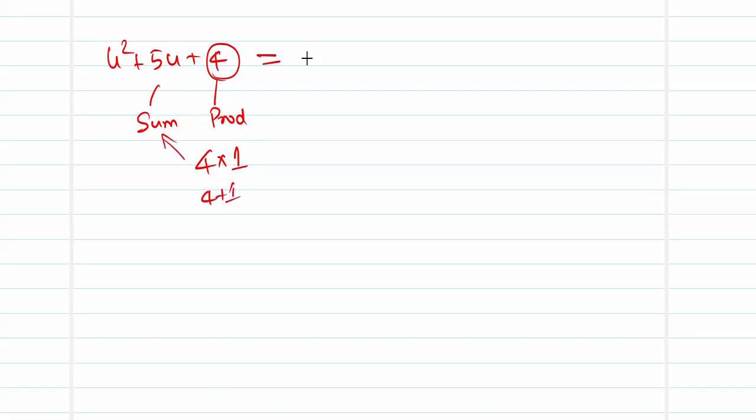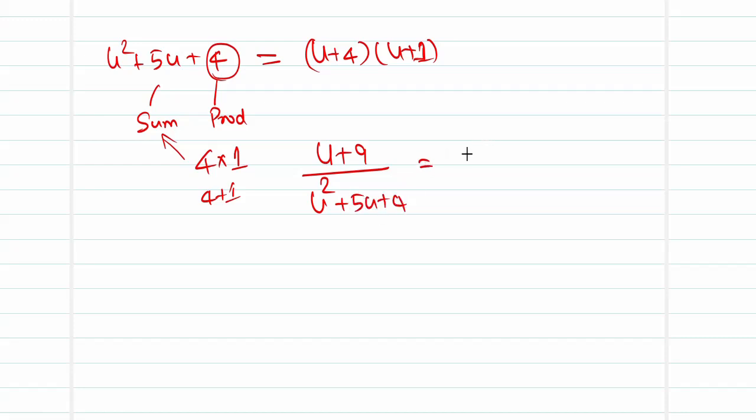So I can split this as u plus 4 into u plus 1. So I have my u plus 9 divided by u square plus 5u plus 4 rewritten as u plus 9 divided by (u plus 4) into (u plus 1).